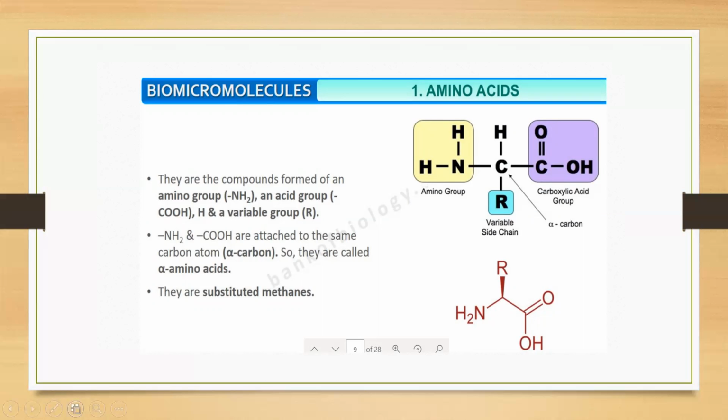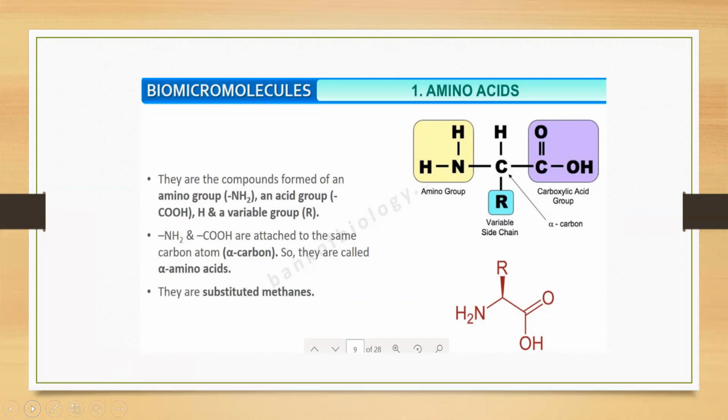You can see the carbon in the center, which has 4 bonds. To one bond the amino group is attached, to the second bond the carboxylic group, to the third bond hydrogen, and to the fourth bond the variable chain. The carbon in the center is known as the alpha carbon, so it's also known as alpha amino acid.